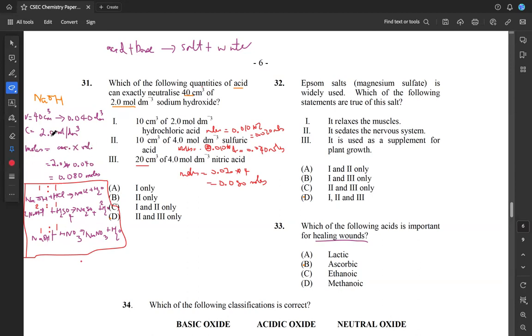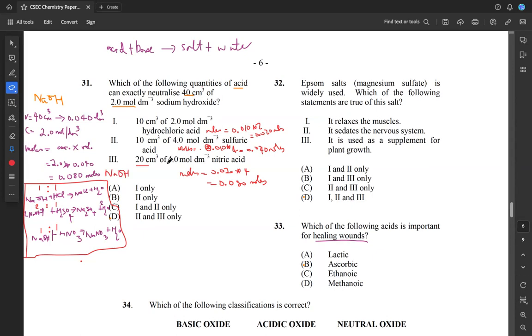The concentration of the sodium hydroxide is 2 mol/dm³, and the volume is 0.040 dm³. I converted that 40 cm³ to dm³. When I multiply those two through, I come up with 0.080 moles of NaOH. That's how much I'm trying to neutralize with my acid.